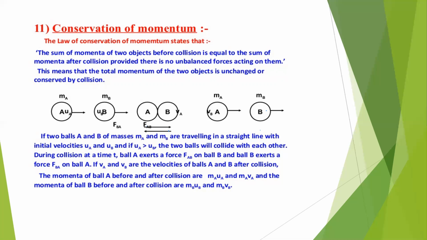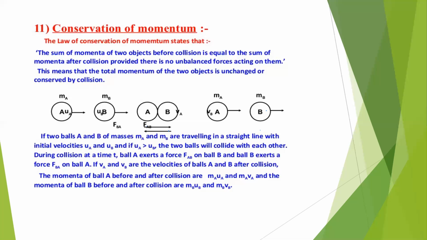This is the statement for conservation of momentum. Here you can see the figure, its explanation and the statement. The sum of momenta of two objects before collision is equal to the sum of momenta after collision, provided there are no unbalanced forces acting on them. Here see students why they have specified unbalanced force, because we know that if the balanced force is acting on a body, the body will not change its position, right?